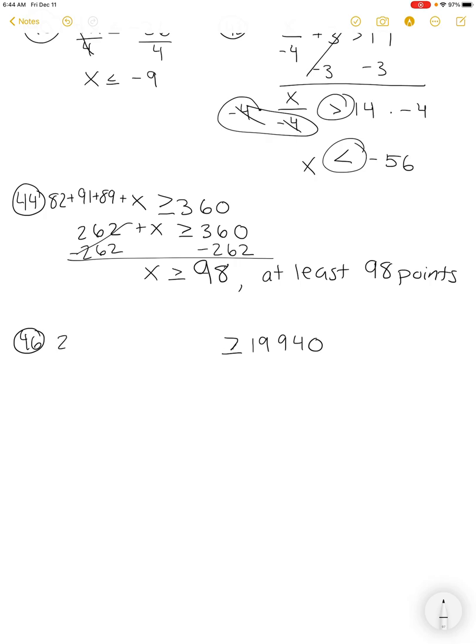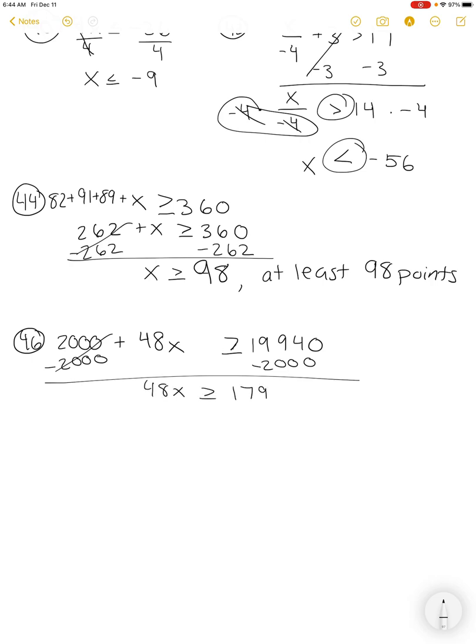So we're making a down payment of $2,000 and 48 monthly payments that we're going to solve for. So I'm going to start by subtracting 2,000 from both sides. And then I'm going to divide both sides by 48.